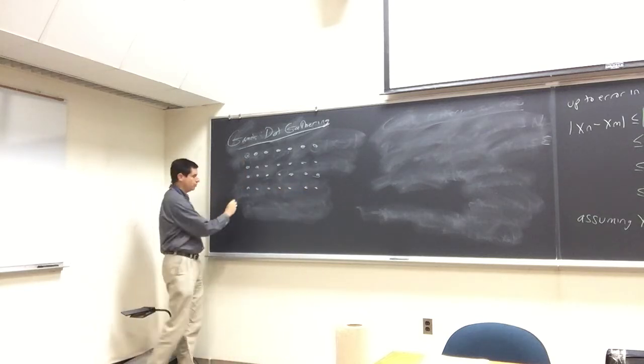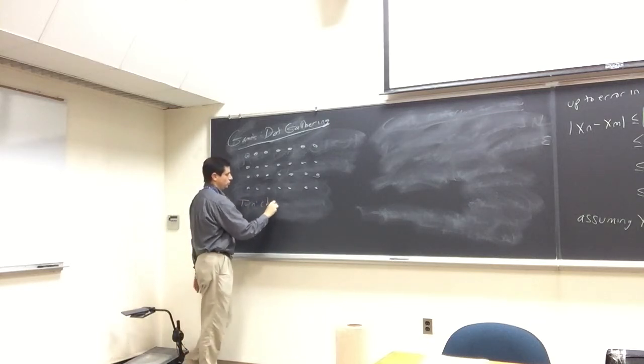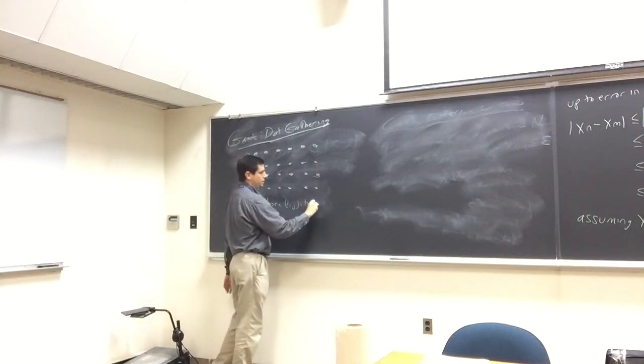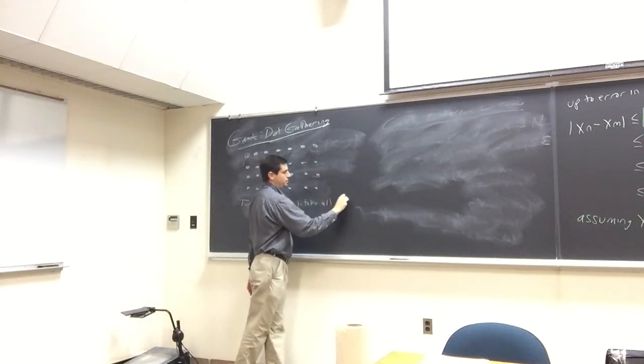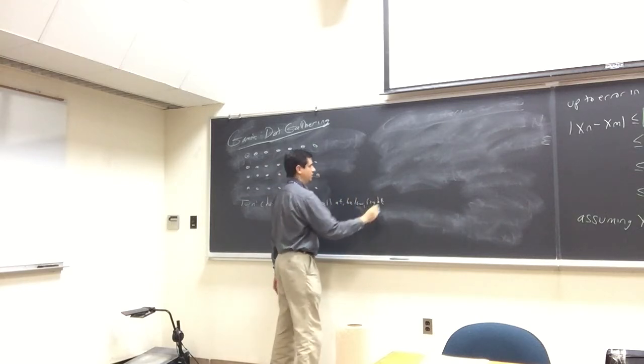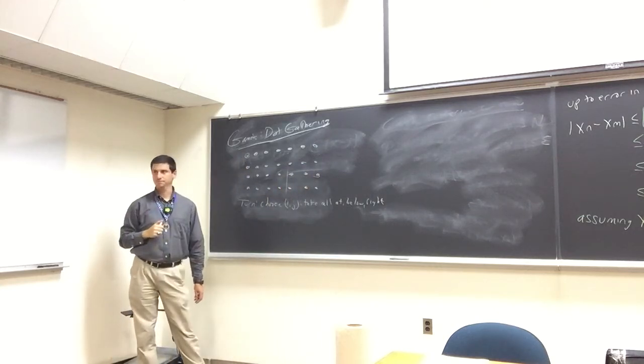And what you do is, on your turn, choose (i, j) and take all dots at, below, and to the right. So for instance, if I choose this one, I would eat all the dots over there. Okay?